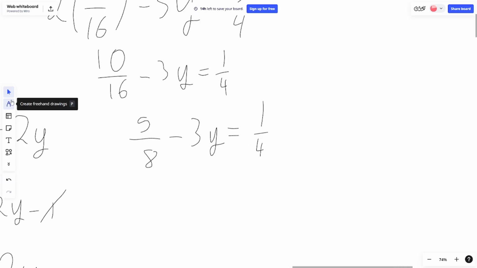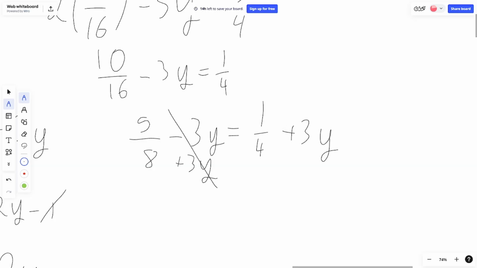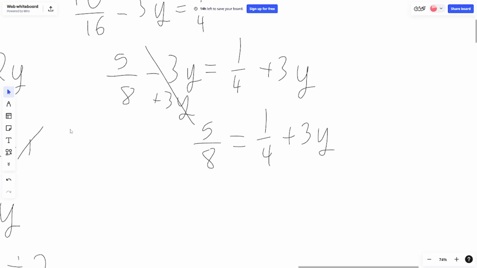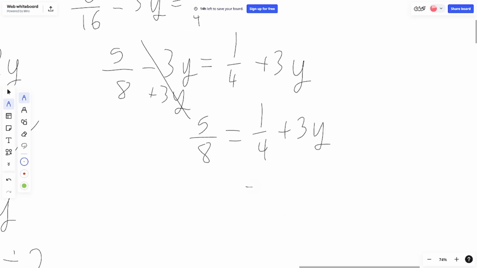Now we can simply add 3y on our left hand side to then move it to the right hand side. And then we'll be left with 5/8 is equal to 1/4 plus 3y. And then all you need to do is subtract 1/4 on our right hand side and do the same operation on our left hand side.